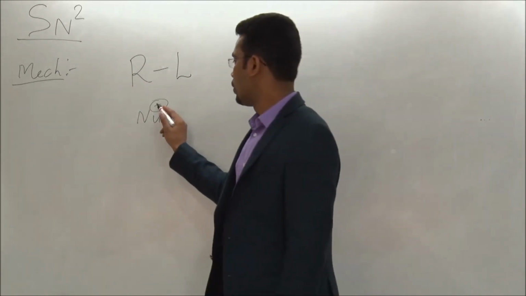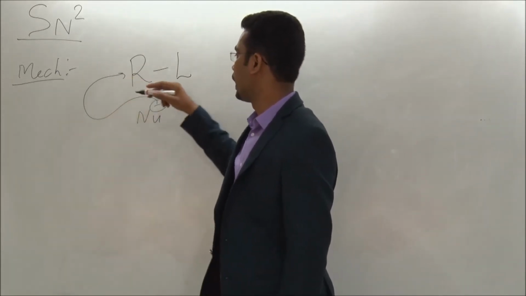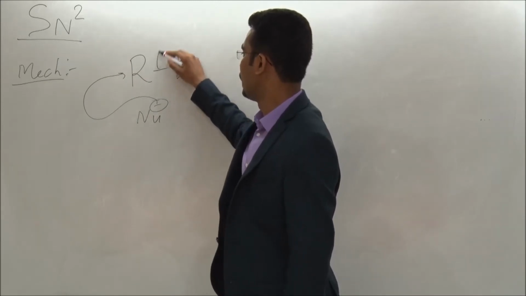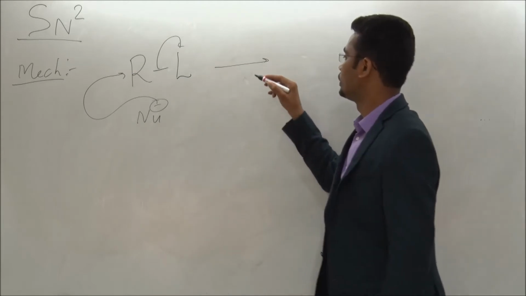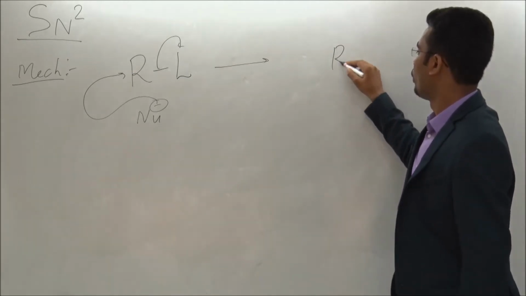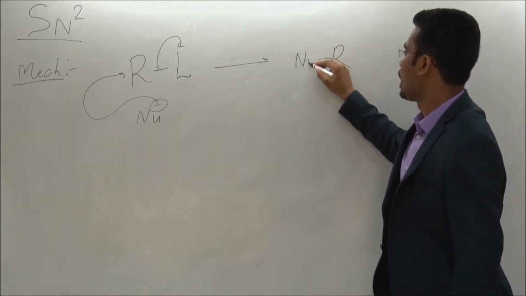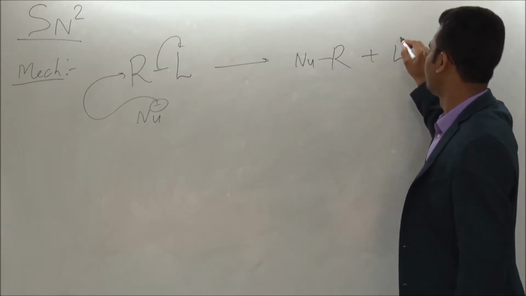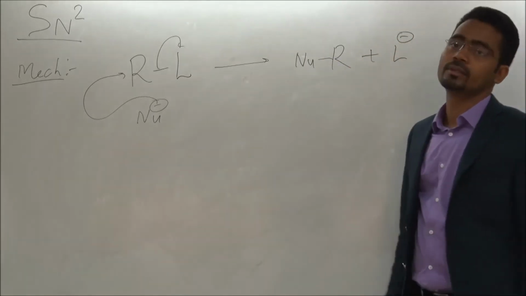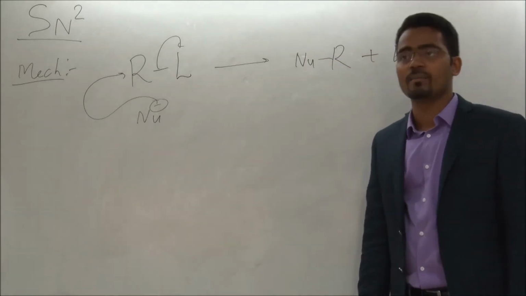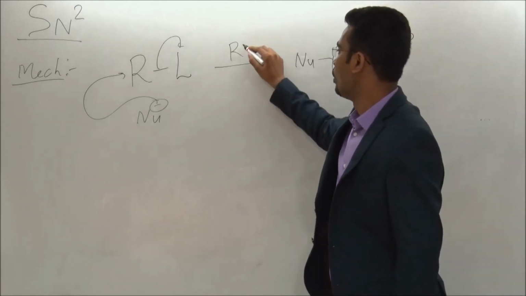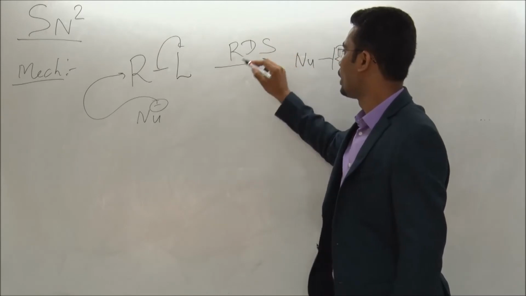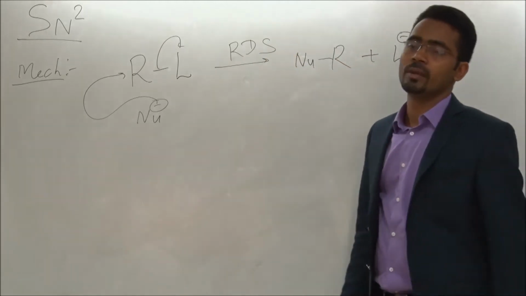It means the nucleophile will donate its electrons and the leaving group will take them, and the product will be R-nucleophile plus L minus. And this is a single step reaction. Therefore, this step will be the rate determining step.